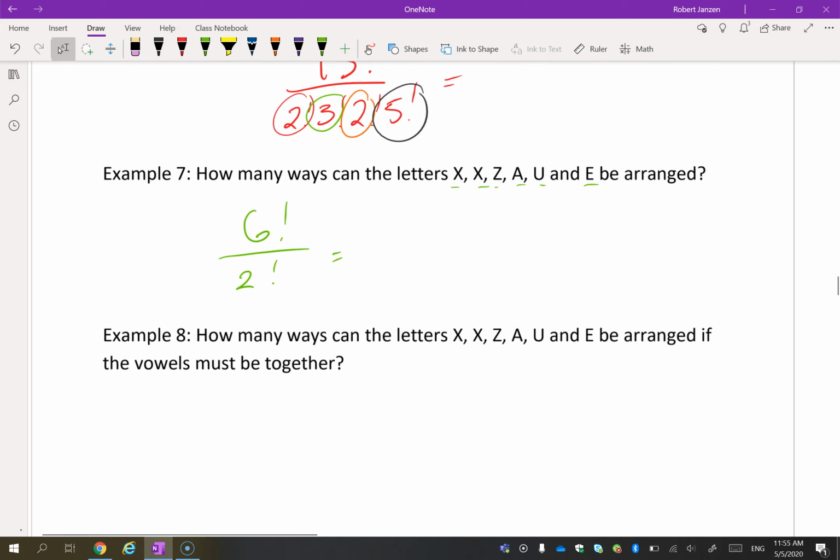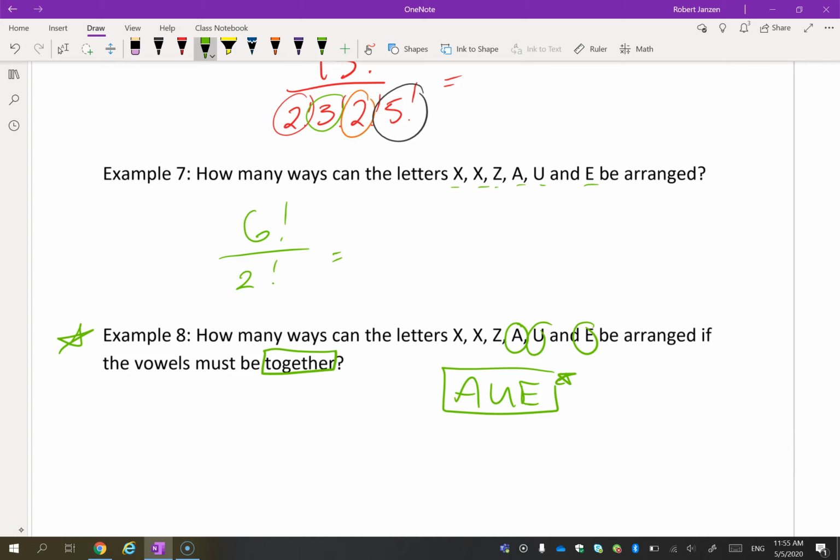Okay. Now let's do one that's a little bit more difficult. How many ways? And this is the one that I see so many times. There's this word together. It says how many ways can, okay, it's the same 6 letters, be arranged if the vowels must be together? In other words, the A, the U, and the E have to be in a row. Now, it could be in a different arrangement, but they have to be in a row.